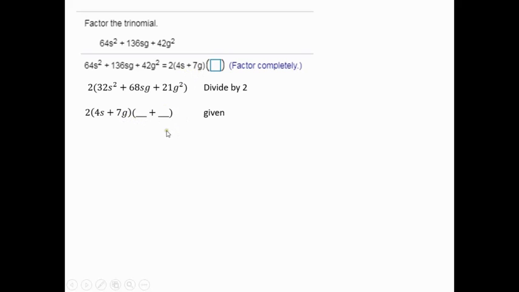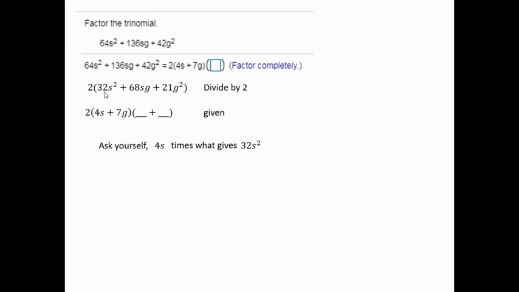So using our knowledge of factoring here, we can figure out what the remaining term is going to be. One, we've got a positive and a positive here. So that means that there's going to be a positive in the two binomials that are created. So I went ahead and put a positive here. I've just got to figure out what goes in these blanks now. So what you do is ask yourself, 4s times what would give me the first term of 32s squared?